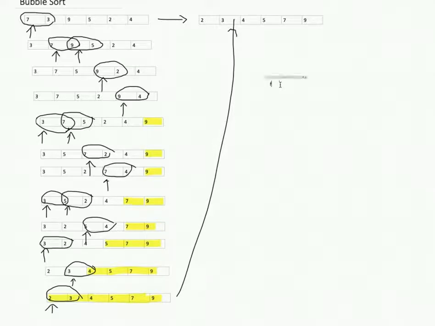We'll run a for loop for i from index 0 to less than, if I assume that n is the number of elements, n minus 1.